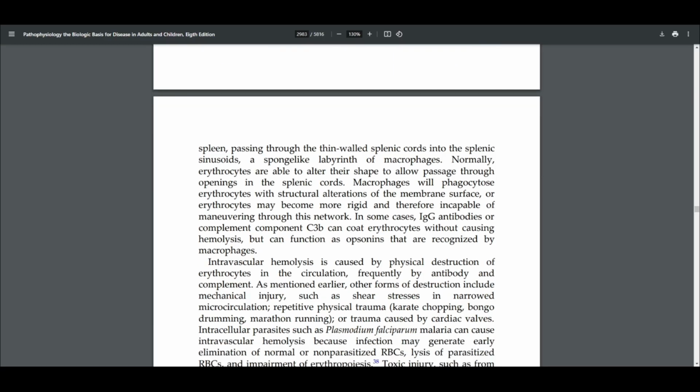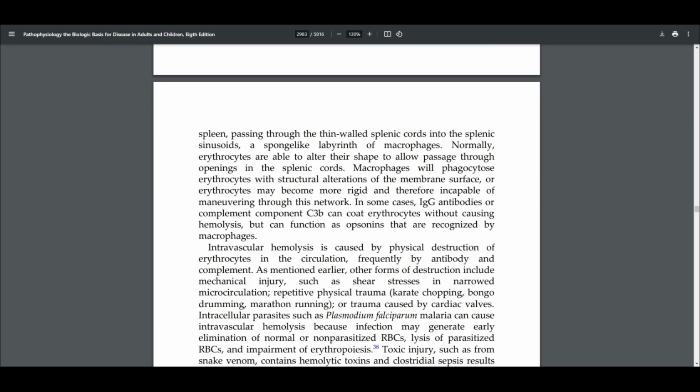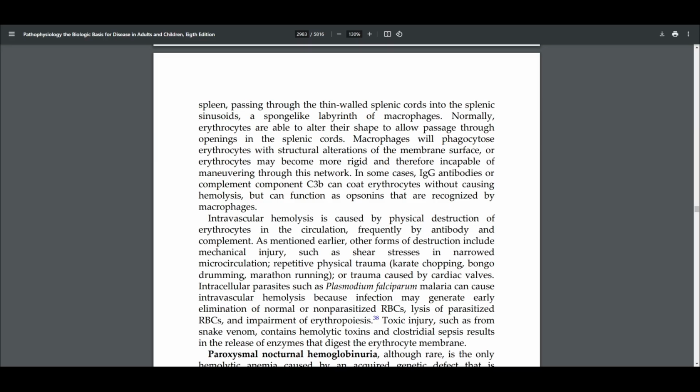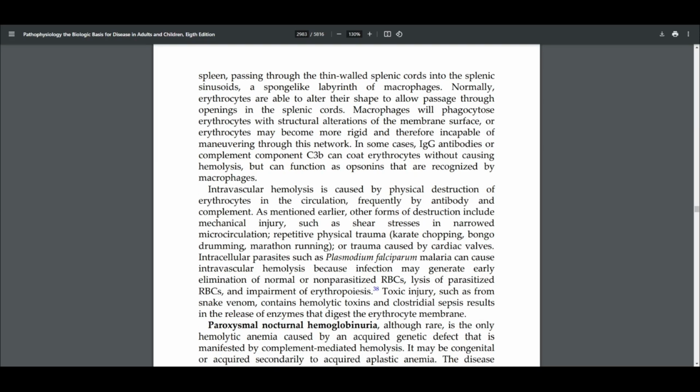Normally, erythrocytes are able to alter their shape to allow passage through openings in the splenic cords. Macrophages will phagocytose erythrocytes with structural alterations of the membrane surface, or erythrocytes may become more rigid and therefore incapable of maneuvering through this network.